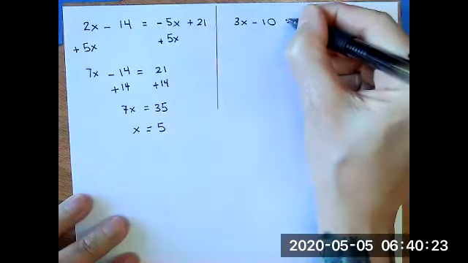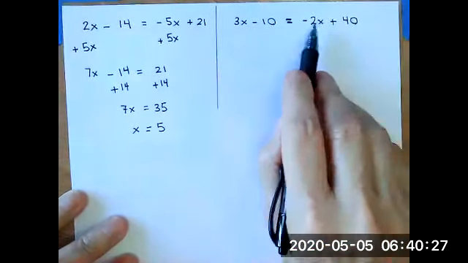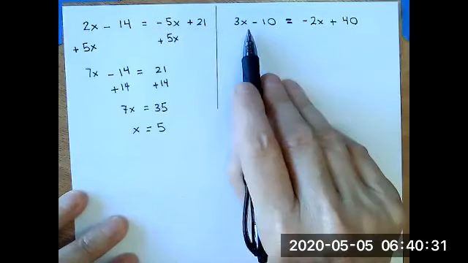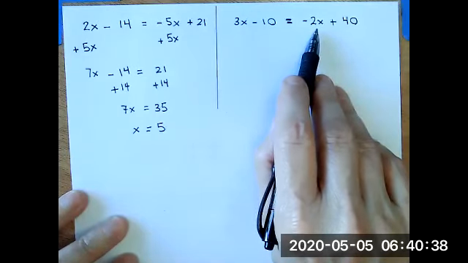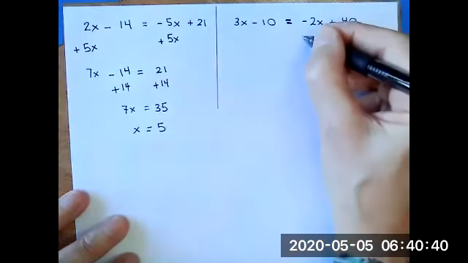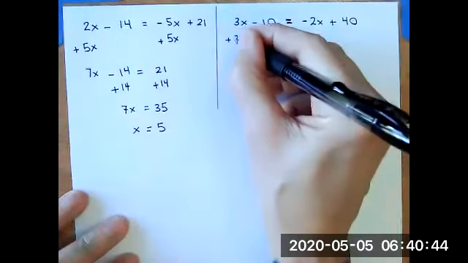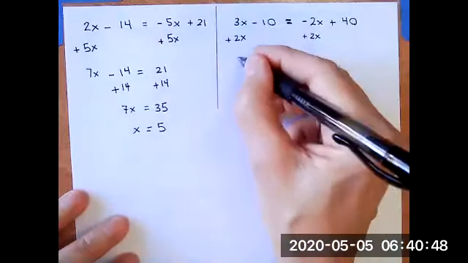So my x's are on opposite sides of the equal sign. So I'm going to eliminate one of the x's. And you can eliminate either one. It's just nicer if you eliminate the smaller one. So I use the additive inverse of negative 2x, which is positive 2x. 3x and 2x make 5x.